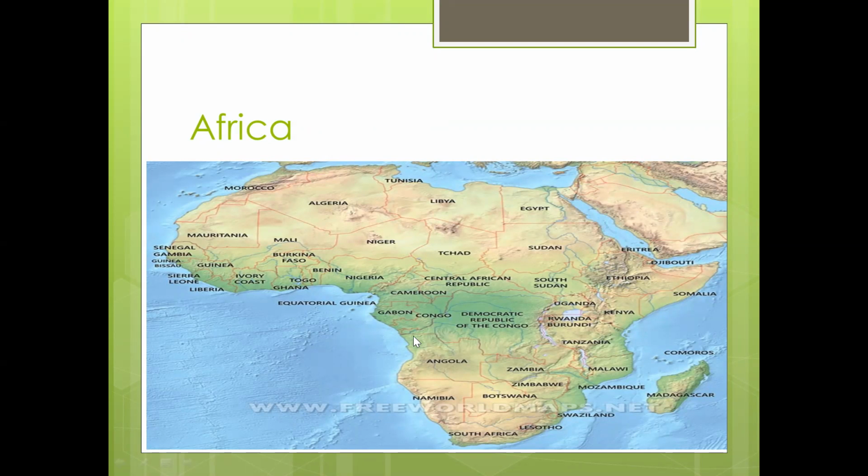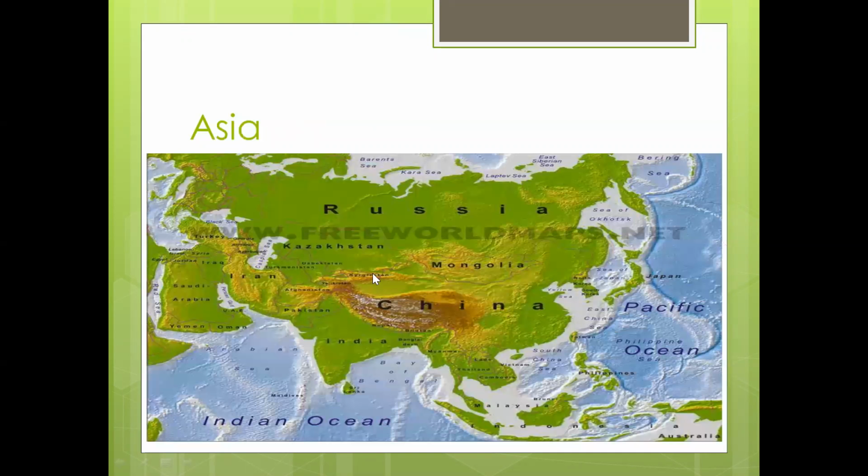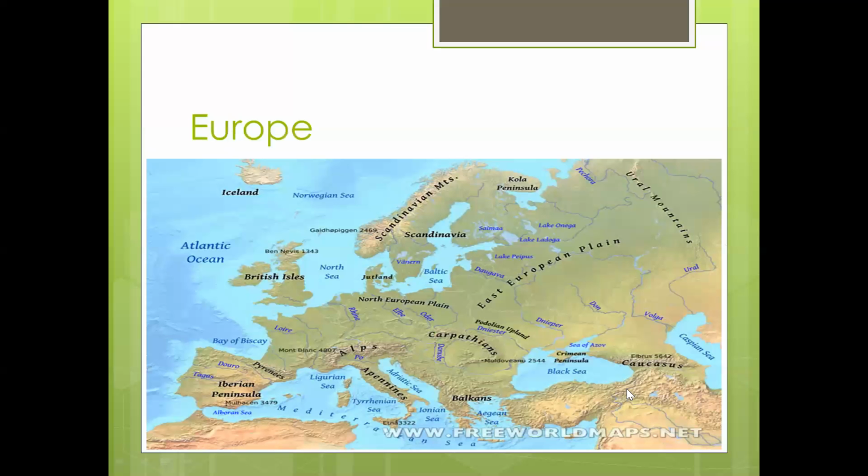You can see here also it is surrounded by water. Asia, another continent you can see, and you can see it is not surrounded from everywhere. You can find the Indian Ocean here and some part of the Pacific Ocean also here in this continent, Asia.